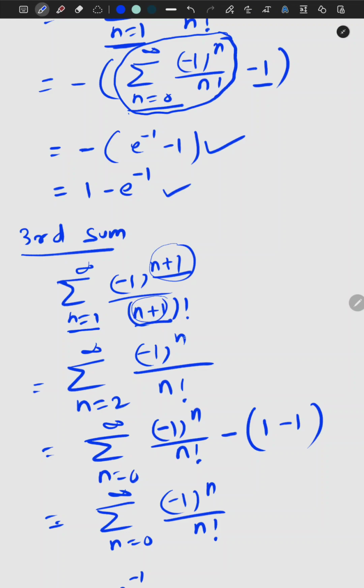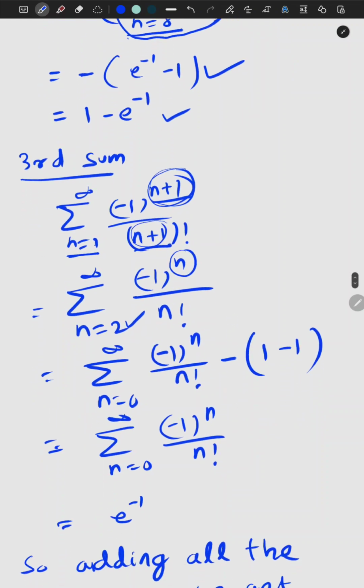If we place n in place of n plus 1, then the summation starts from 2 to infinity, because when n starts from 1, if we put n equal to 1, it gives 2. For that reason, if you put n in place of n plus 1, the summation should start from 2 to infinity.